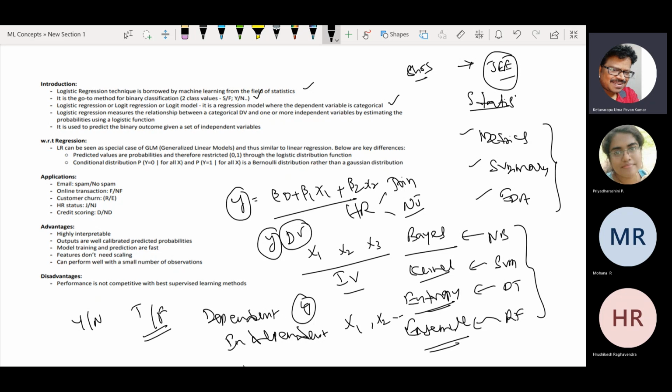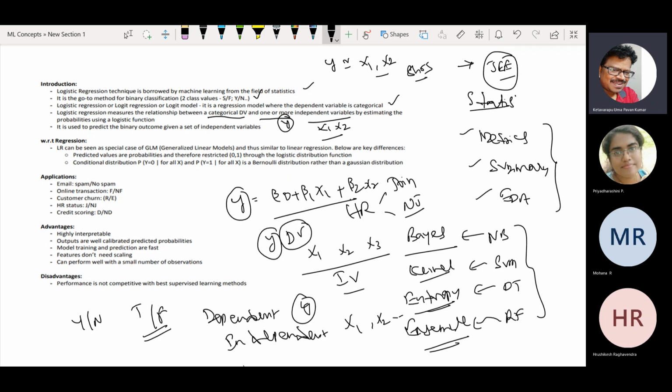So logistic regression measures the relationship between a categorical dependent variable, y, and one or more independent variables, x1, x2. We establish a relationship between y and x1, x2, because we have certain independent variables.